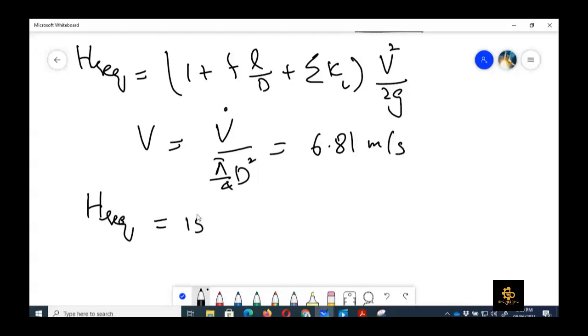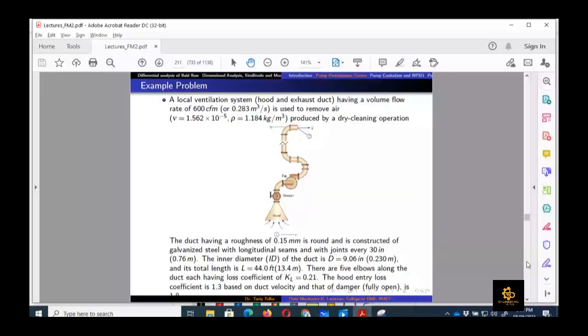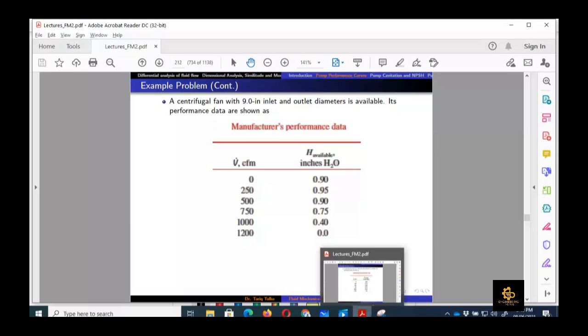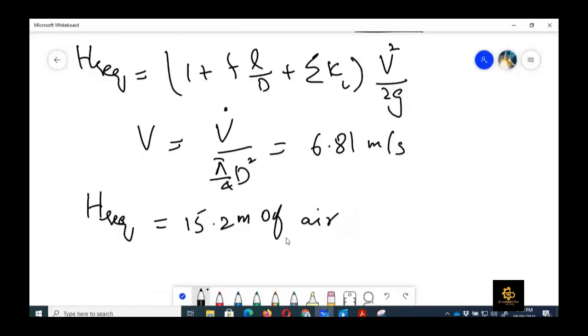Now, if we look at the available data which is given to us, it is given in inches of water. So this calculation which we have done in meter of air, we need to convert into inches of water so that we can plot the data on the same graph.